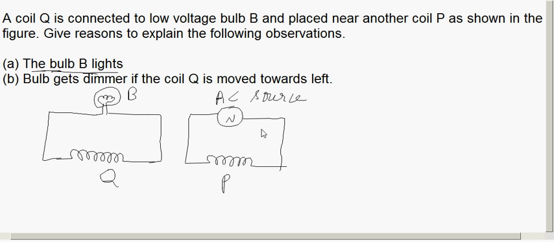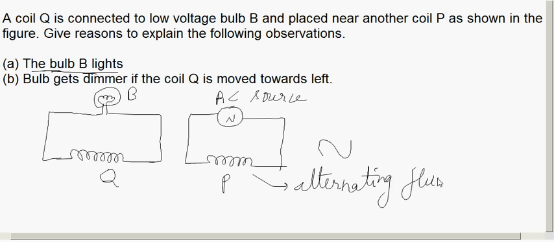There is an alternating current flowing through coil P which produces alternating flux. What is alternating flux? The flux which is changing with time. Alternating flux.